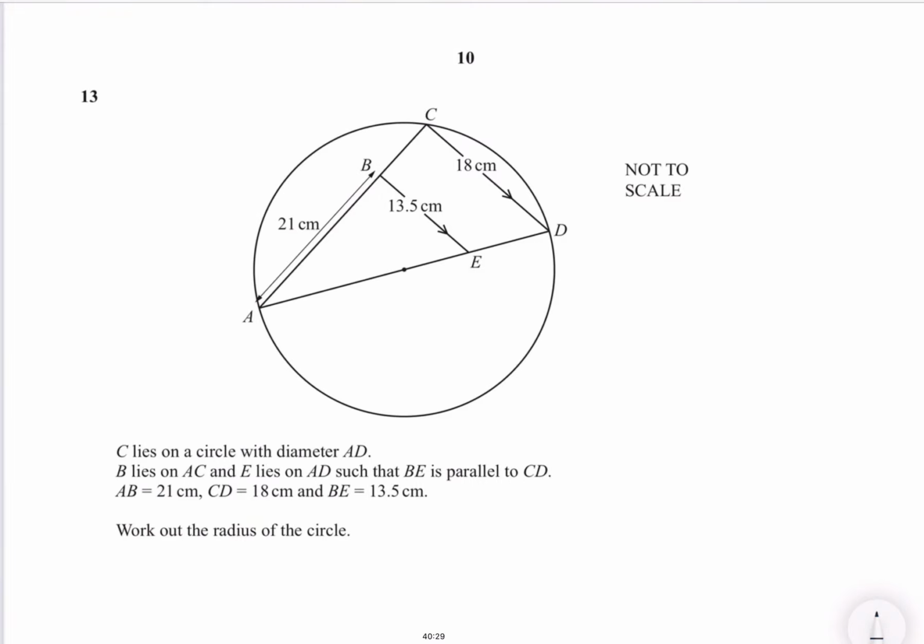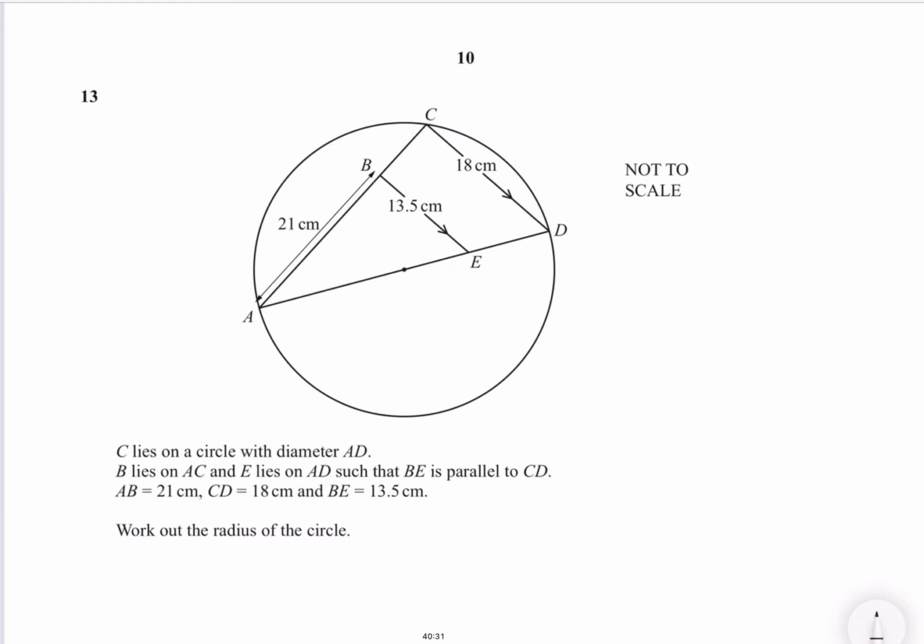Question 13. Work out the radius of the circle. So similarity would help us here. This triangle ACD and the parallel lines BE and CD.